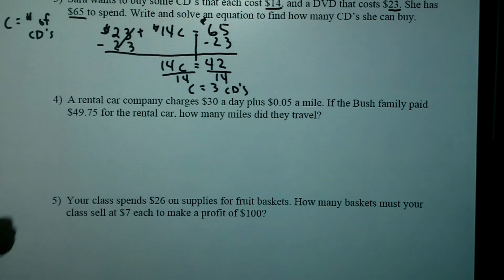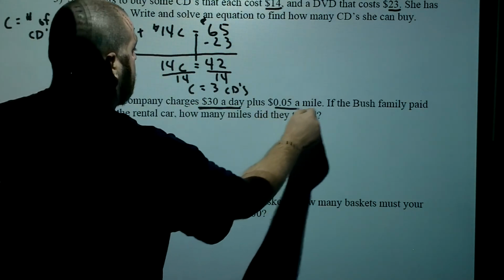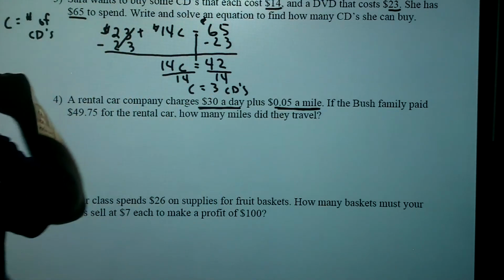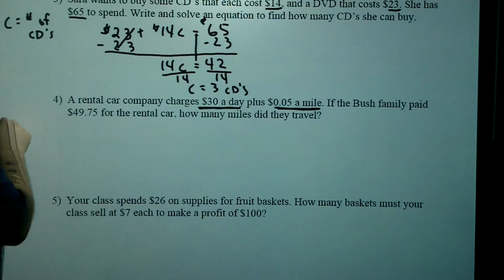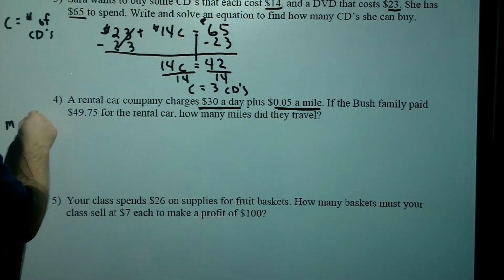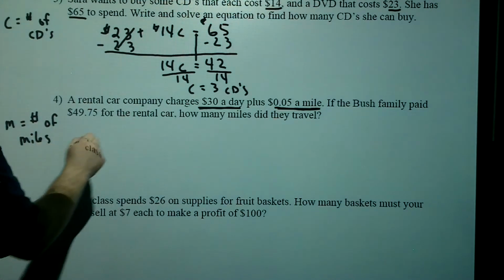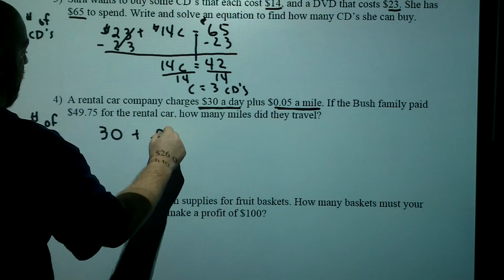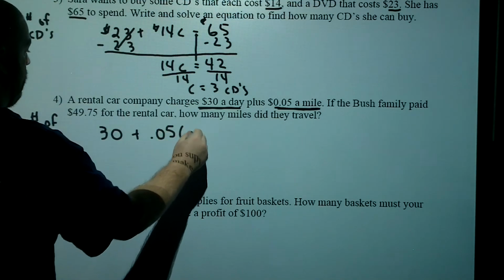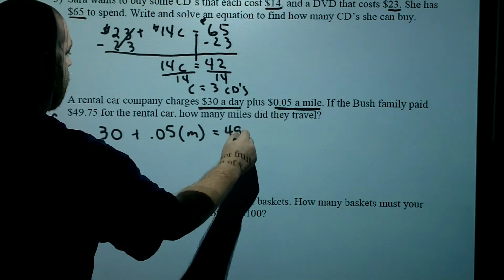Number 4, a rental car company charges $30 a day, so that's a fee no matter what, plus 5 cents for every mile. If the Bush family paid $49.75 for the rental car, how many miles did they travel? So M is the number of miles. So I have $30 plus 5 cents for every mile, and I paid $49.75.